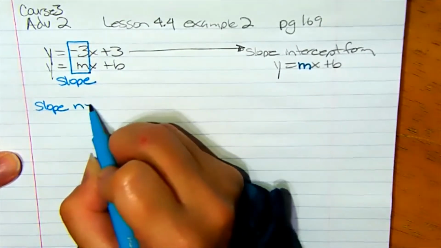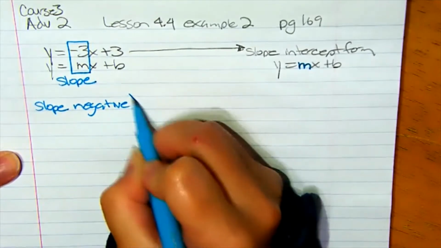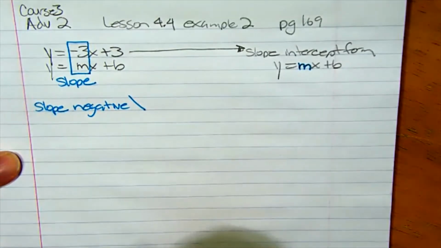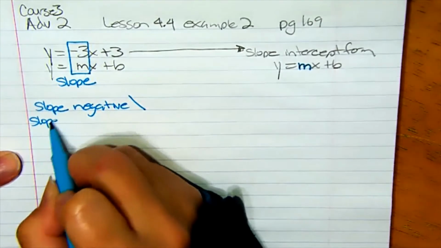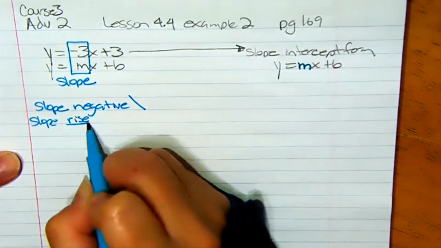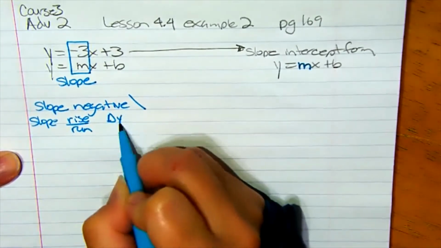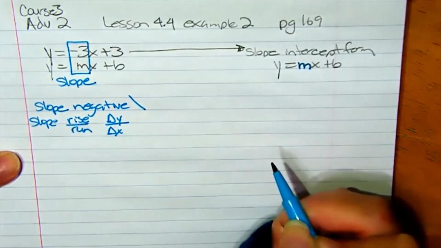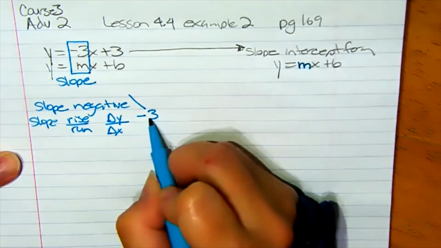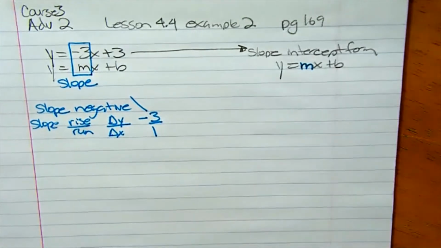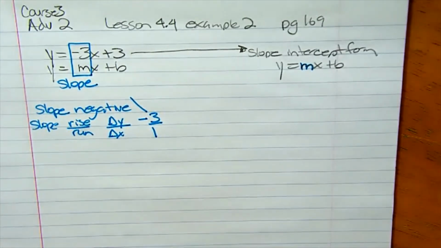We know the slope is negative, which means my line's going to go down. We know that slope is rise over run, the change in y over the change in x. And in our case, our slope will be negative 3 over 1.